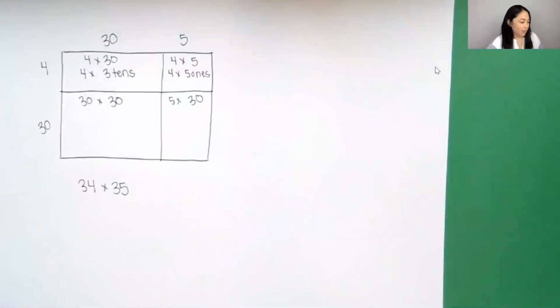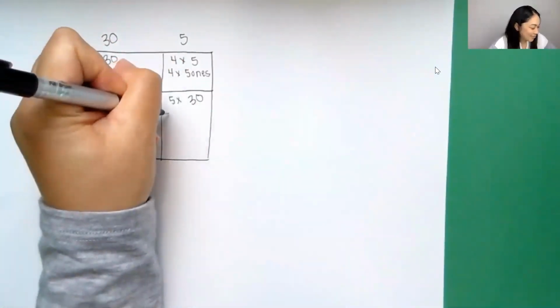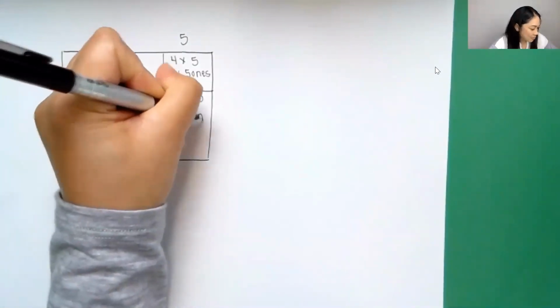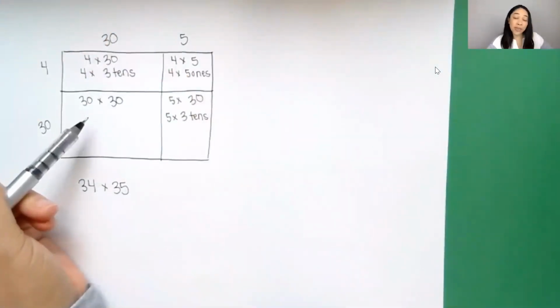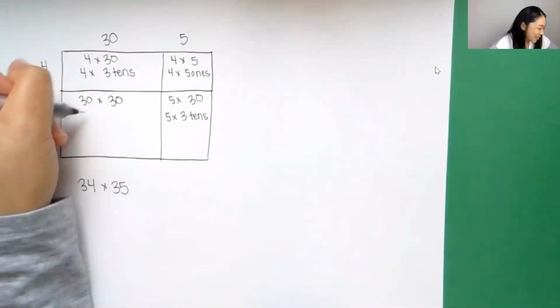How do we say 5 times 30 in unit form? 5 times 3 tens. And how do we say 30 times 30 in unit form? 3 tens times 3 tens.